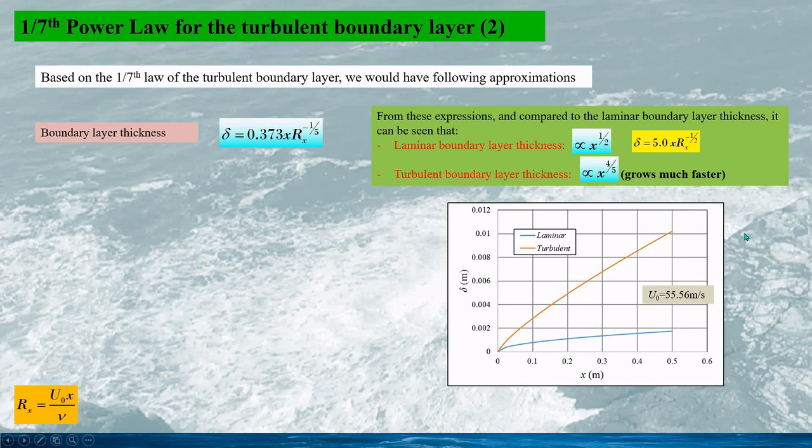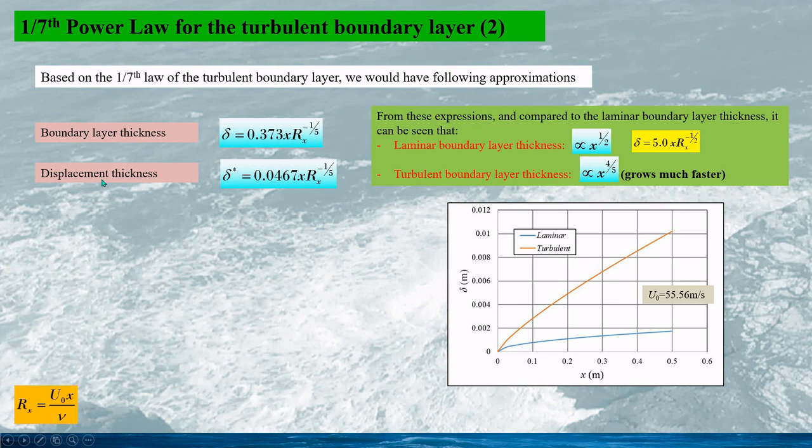So in this plot, we assume the free stream velocity u0 equals 55.56 meters per second. And this is the laminar boundary layer thickness, and this is the turbulent boundary layer thickness. So we can see the turbulent boundary layer thickness grows much faster than the laminar boundary layer thickness.